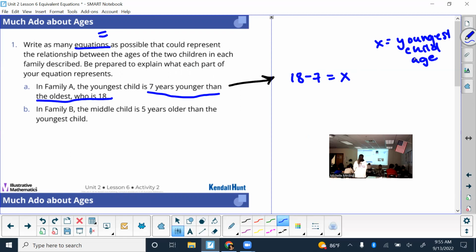All right, what's another equation we could write? Anyone disagree with that? All right, I'm gonna challenge you to try and come up with others. And then I'm also gonna challenge you to try this one from scratch. So I'll give you about 2 minutes to see what we get.